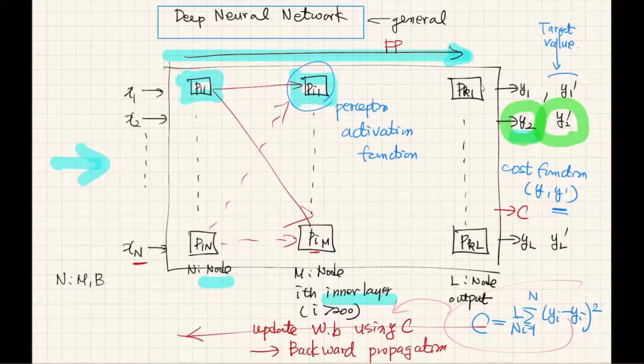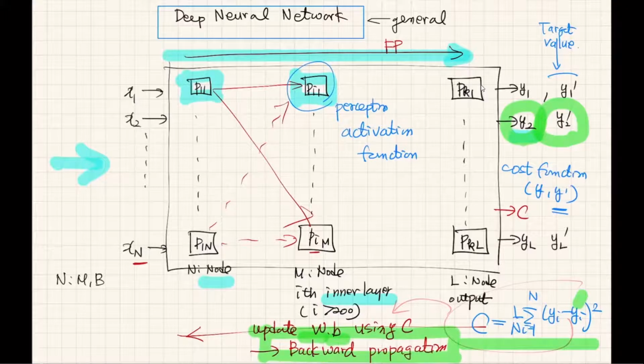But for the simplicity of discussion, I will define a very simple cost function. If you have the same output as your target number, that becomes 0. If that is not 0, you update the bias and weight using this cost function, and that process is called backward propagation.